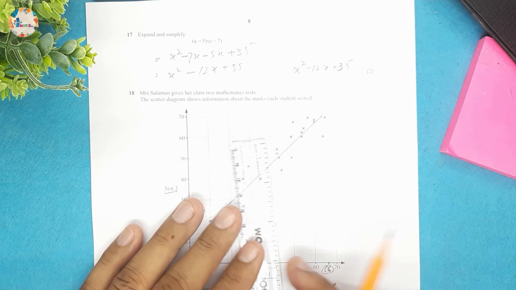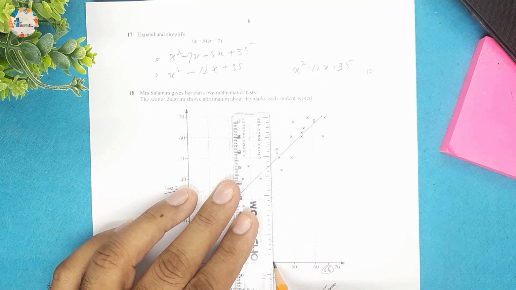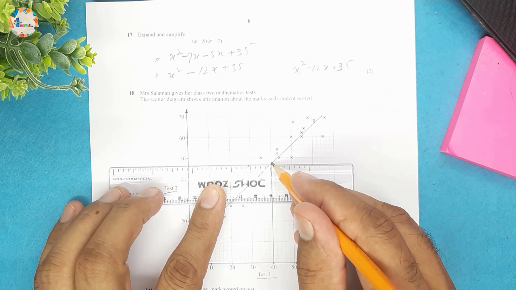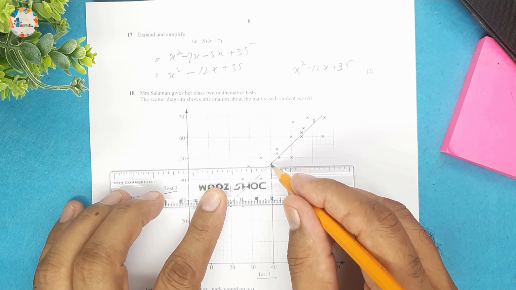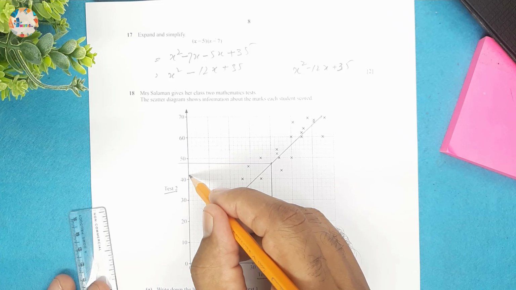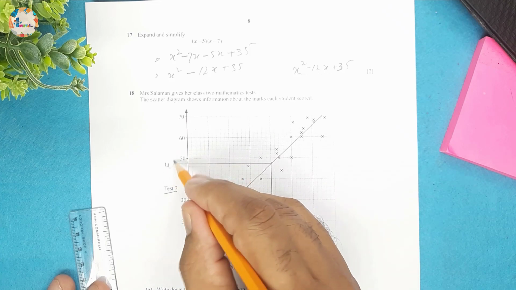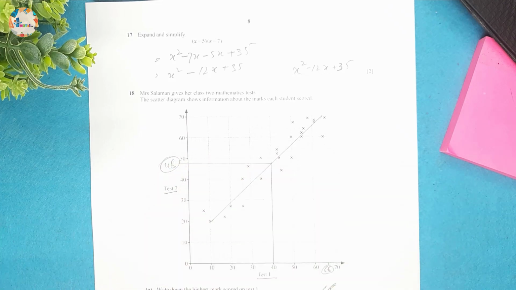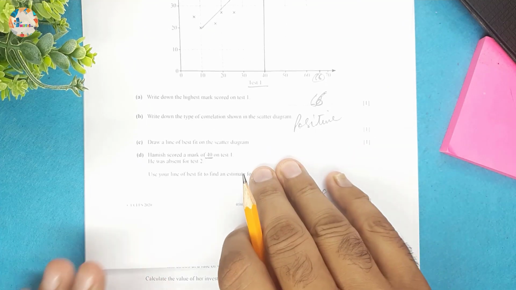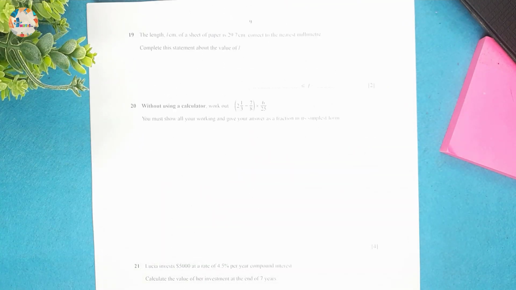So we'll be checking the reference from 40, and if we check from 40 it will be this one, and we check this side also, and this will be around here, which is 40, 42, 44, 46 and 48 roughly. We can give 48 as the answer, so we can write here 48. This is done.